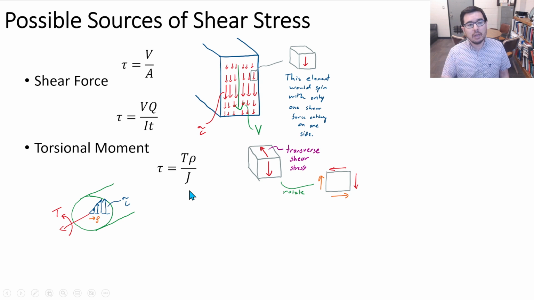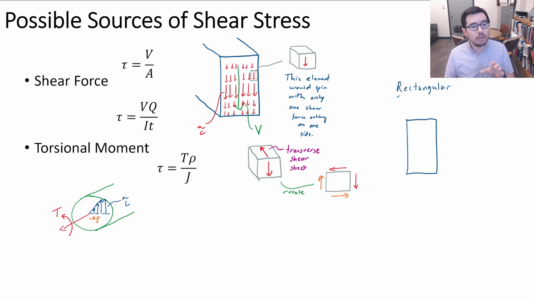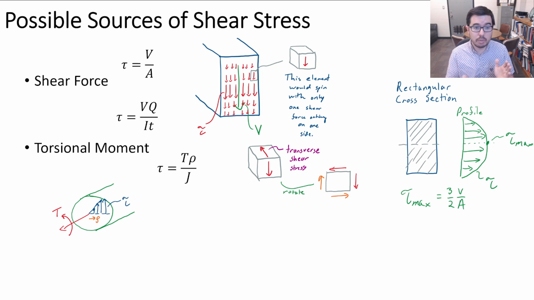Now, going back to average or shear force that we can think of as having some average shear stress on a surface in a beam, we can save ourselves a lot of time if we remember a couple of equations that we derived back when we were looking at transverse shear stress. And this is the less common situation where we'd have a rectangular cross section for combined loading.